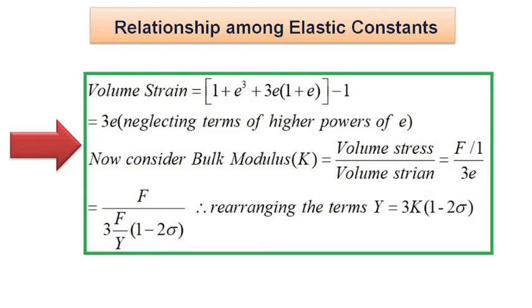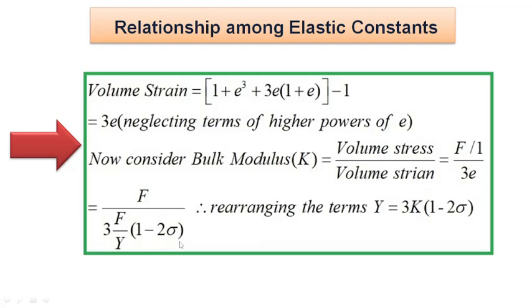And now consider bulk modulus, which is denoted with the letter capital K, which is the ratio of volume stress to volume strain. So force per unit area divided by 3E, that is the volume strain, where the value of area is equal to 1, so volume stress is F divided by 1 and volume strain is 3E. This is equal to capital F divided by 3 into bracket 3F divided by Y into bracket 1 minus 2 sigma.